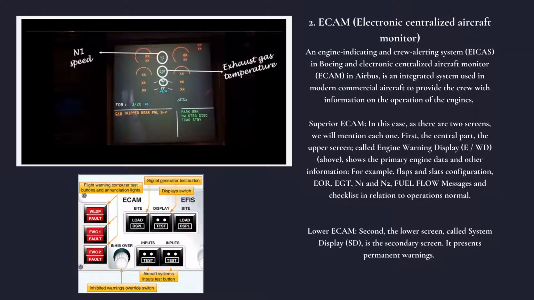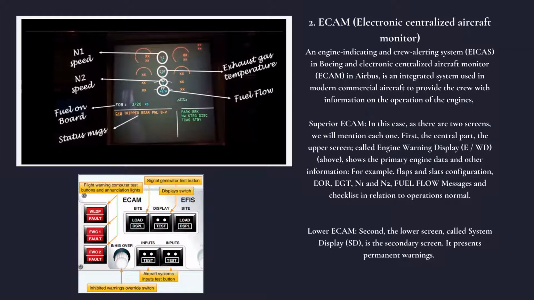Upper ECAM. In this case, as there are two screens, we will mention first the central part, the upper screen, called Engine Warning Display, EWD. It shows the primary engine data and other information.